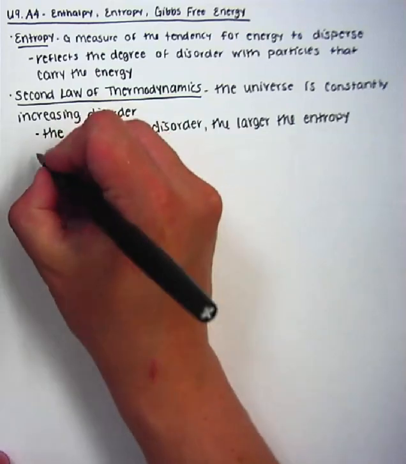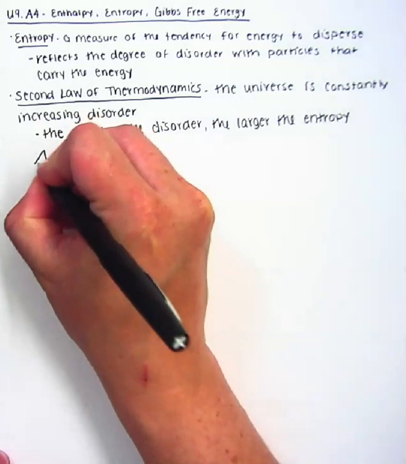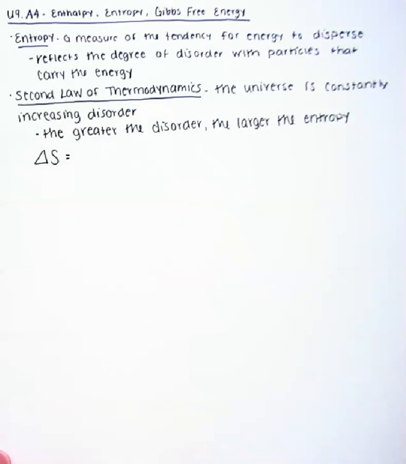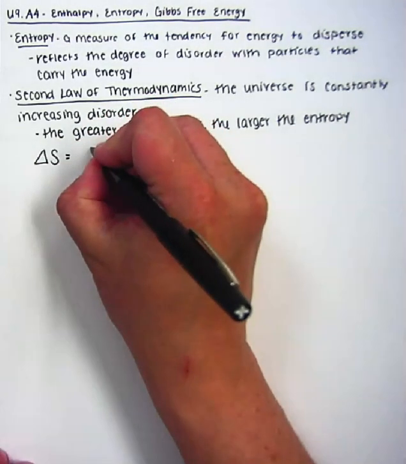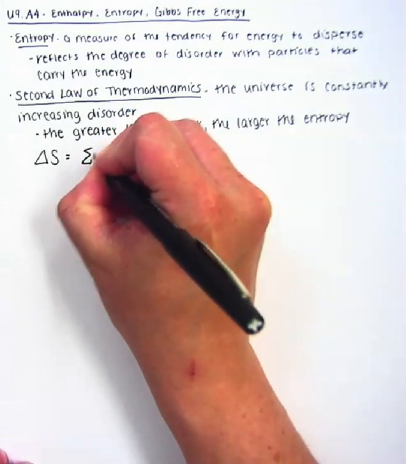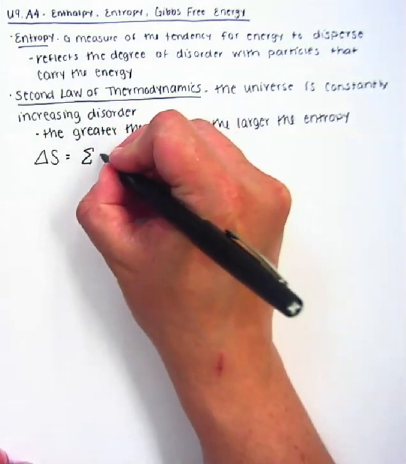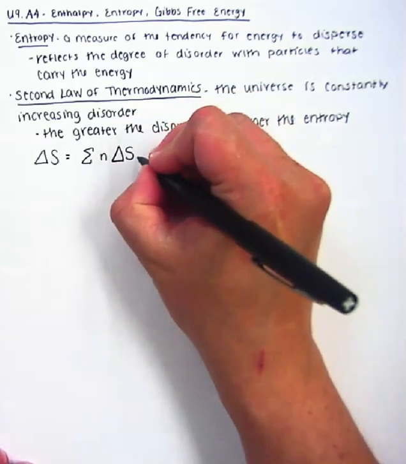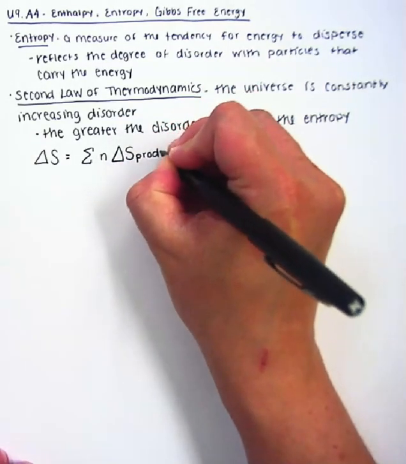The way that we're going to calculate entropy, we use the letter S to represent entropy. It's going to look very similar to our calculation for enthalpy. We are going to take the sum of the products multiplied by the number of moles and subtract the reactants.